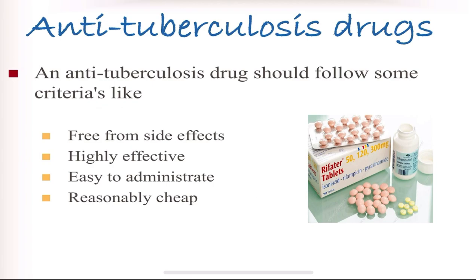Then comes an anti-tubercular drug. An anti-tuberculosis drug should follow some criteria: it should be free from side effects, highly effective, easy to administer, and reasonably cheap. Is it clear?